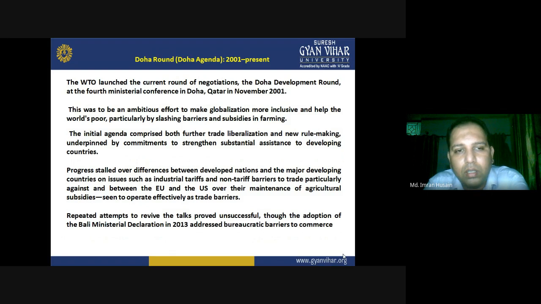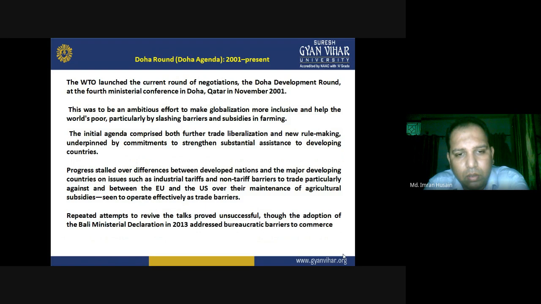The initial agenda comprised both further trade liberalization and new rule-making, underpinned by commitments to strengthen substantial assistance to developing countries.